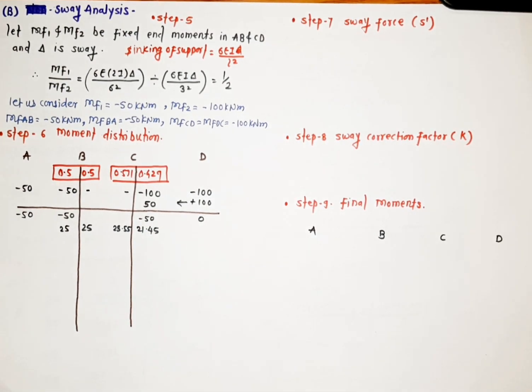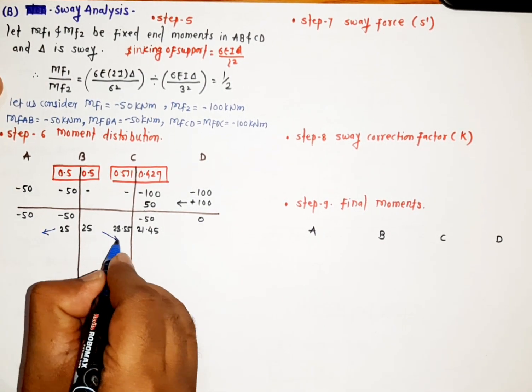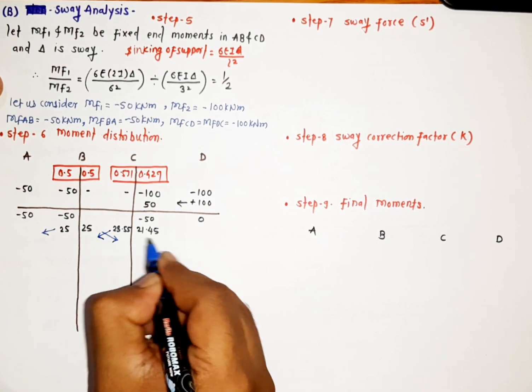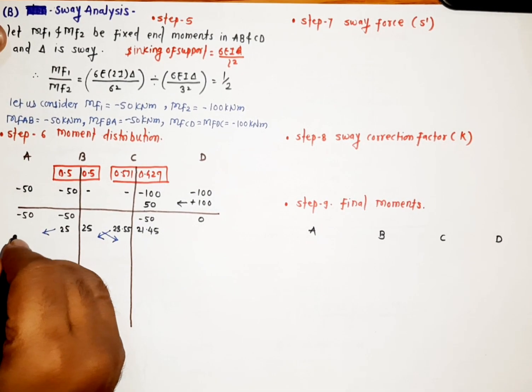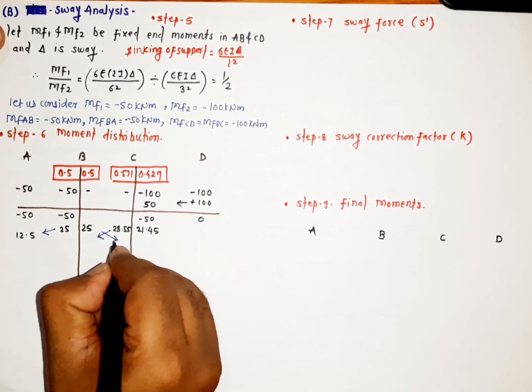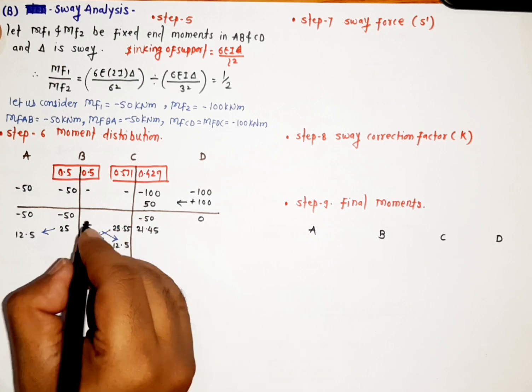Now we have to transfer half, where? From B to A, from B to C, C to B also, but here we don't need to transfer. So 25 divided by 2, it will be 12.5. It will be again 12.5. This is 28.55 divided by 2, it will be 14.28.